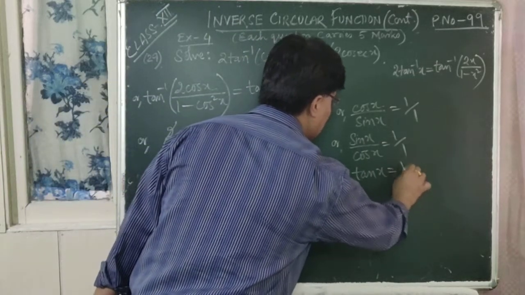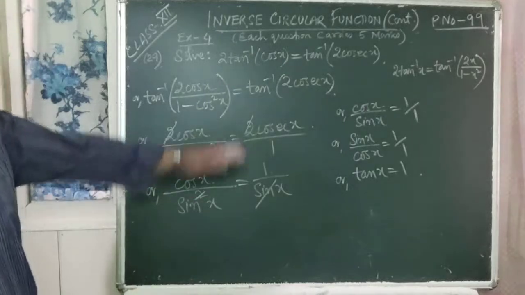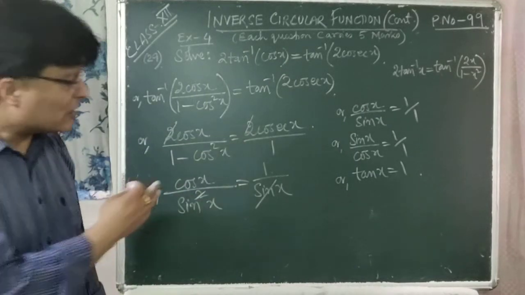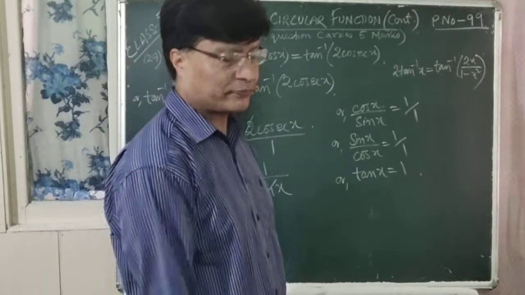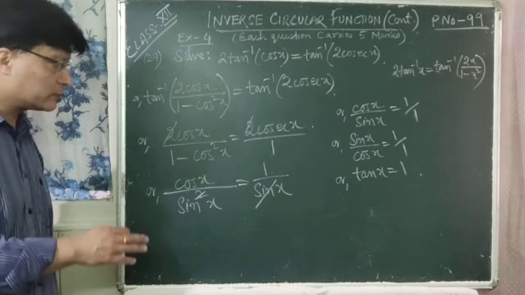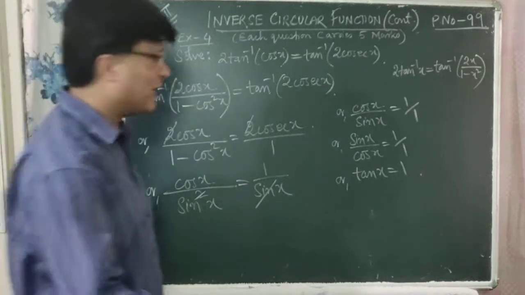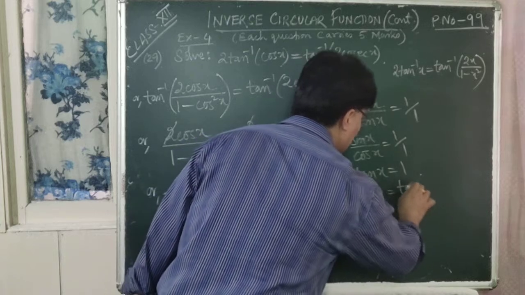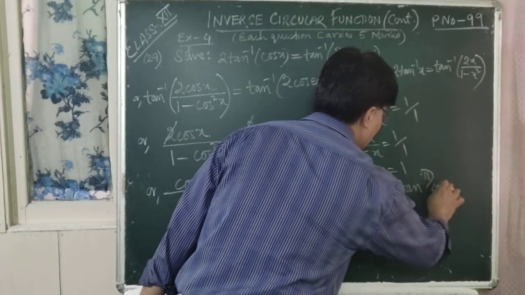It is tan x, which is equal to 1. Now you have to get the value for x in this case, isn't it? Since the left hand side is tan x, tan of which angle is 1? Tan pi by 4. Or tan x is equal to what? It is tan pi by 4.